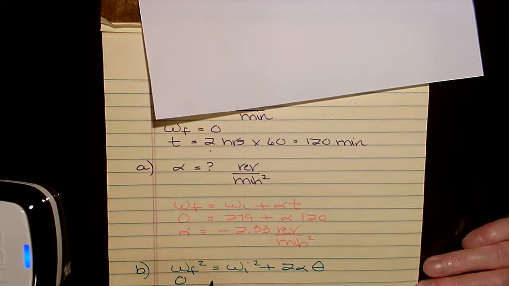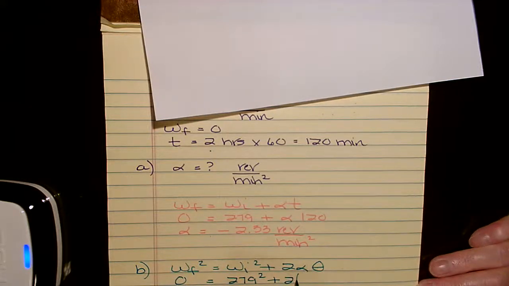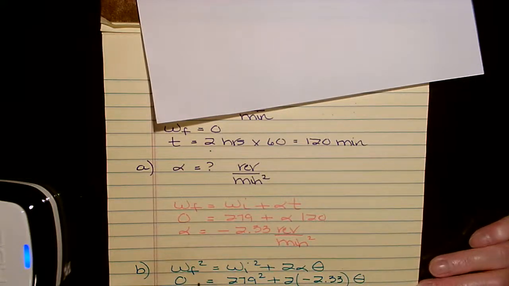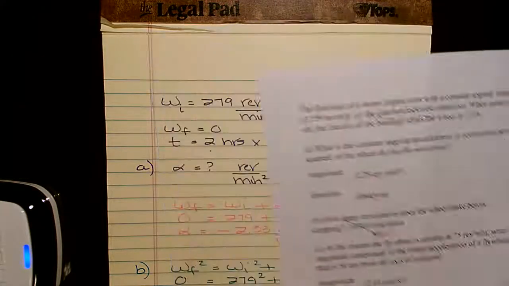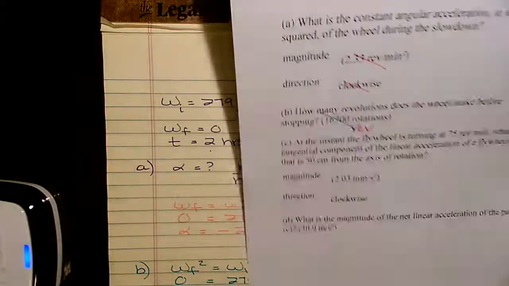We are stopping it, and we are starting at 279 squared. This is actually a negative 2.33 because it's slowing down, and we're solving for theta. And when I solved for theta, I got 16,704 revolutions, which, with rounding off significant figures, is in that ballpark.